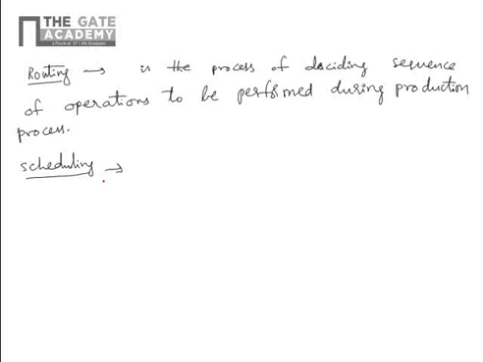So scheduling involves fixing the priorities for different jobs and deciding the starting and finishing time of each job. We will discuss each scheduling technique entirely.